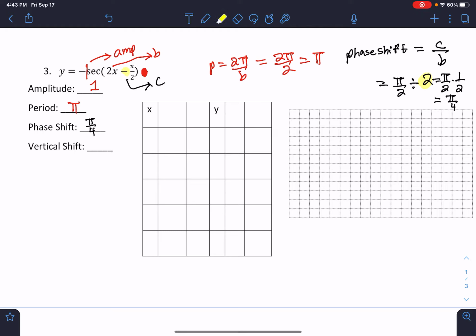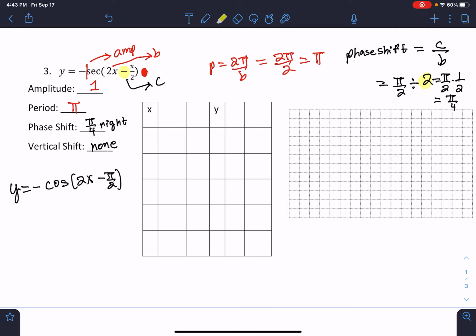And then I notice that this is a subtraction sign, so I have to do the opposite of the subtraction sign, which means I need to go right. And then there's no vertical shift because we're not adding or subtracting a number. So I'm going to write my original x values. Since it's a secant, I can look at a cosine graph.